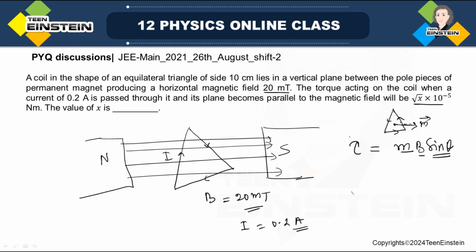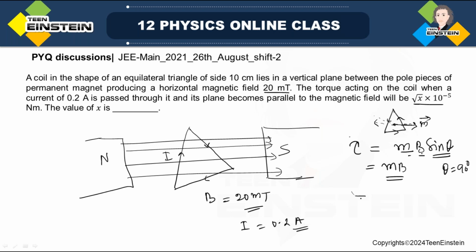If the direction is reversed, then it goes in the reverse direction but still perpendicular to the plane of the triangle. And when the plane of the triangle and the magnetic field become parallel, the angle between m and B will be 90 degrees. So I can write the maximum torque to be mB.